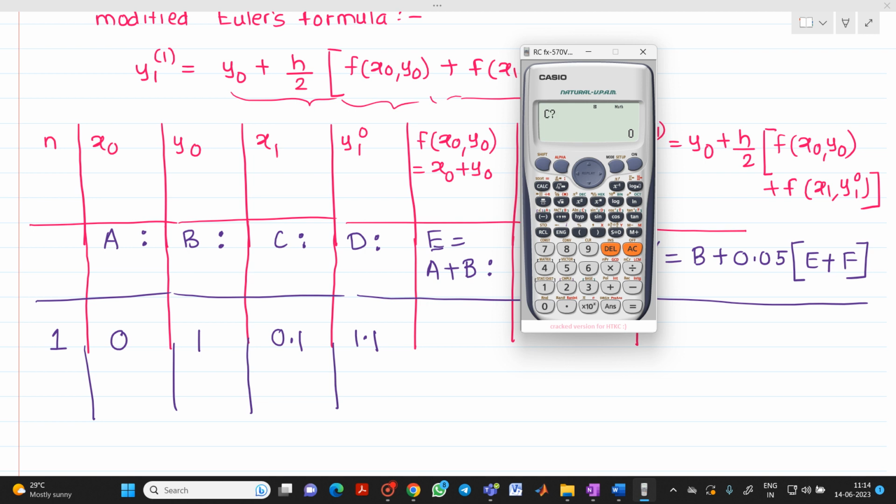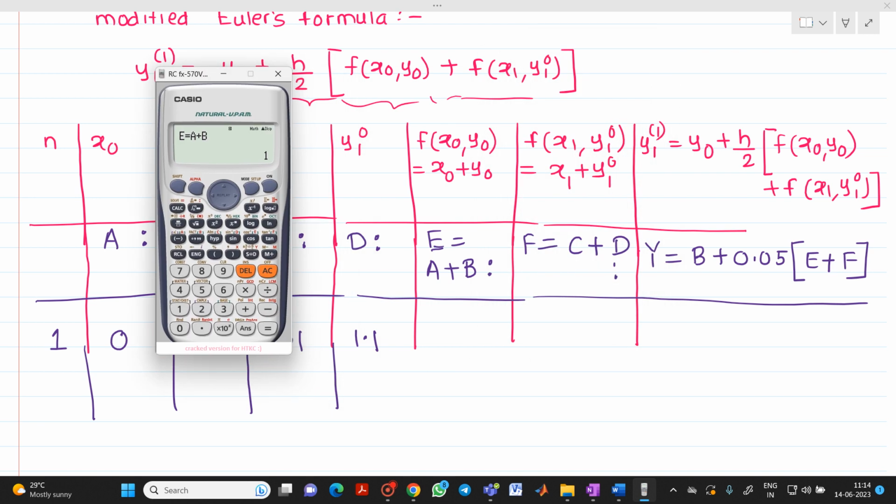What is the value of c? 0.1. Press equal to. What is the value of d? It is 1.1. So press equal to. So it will show it to you again. What is the value of a? 0, b 1, c 0.1. If you see it is 0.1. D will be equal to 1.1.